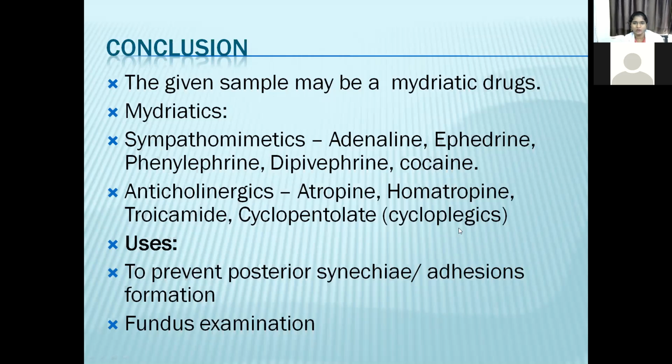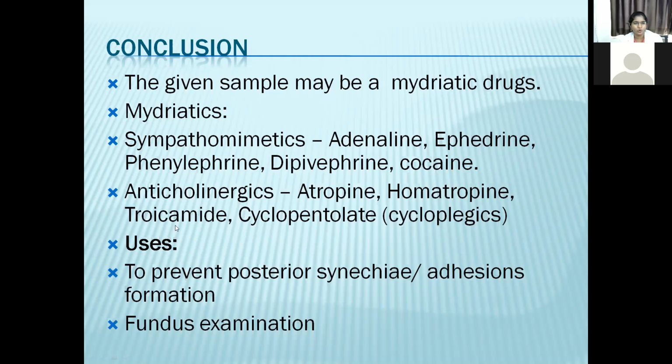Atropine we cannot use in practical because it has a long half-life of 6 to 7 days. Homatropine has a half-life of about 4 hours, so we can use this drug in practical.